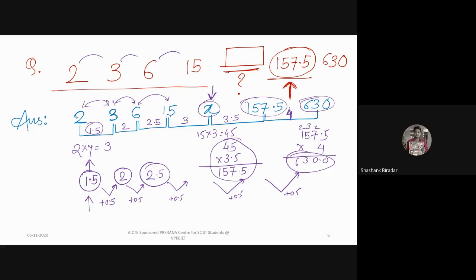By looking at the problem itself, you should be in a position to know what logic has to be applied, and that is only possible if you have more and more practice, right?